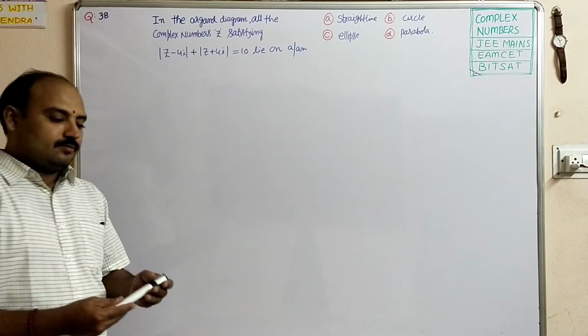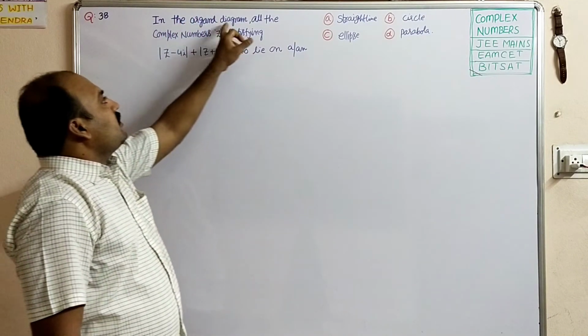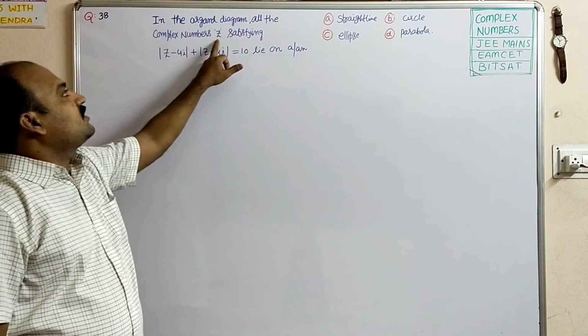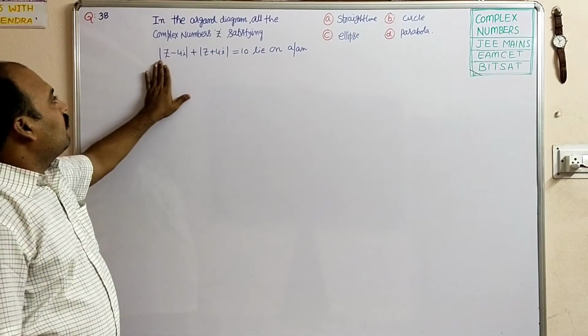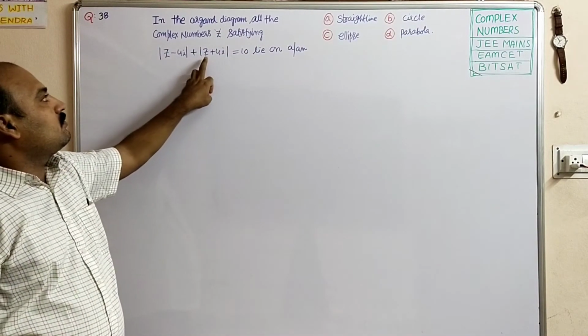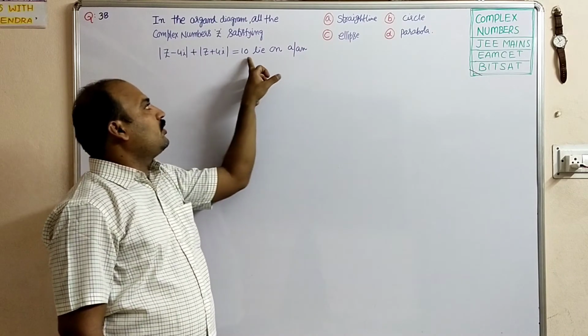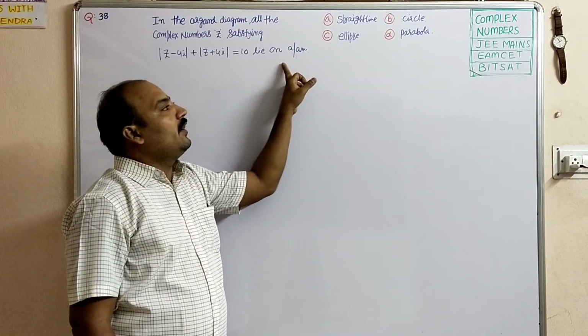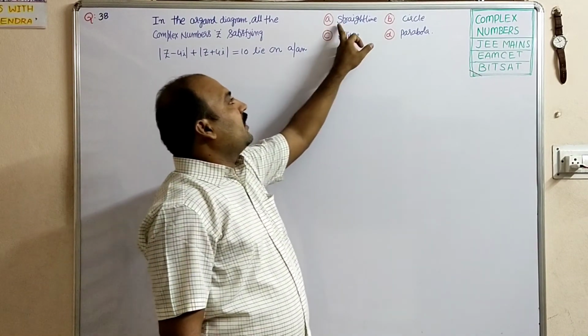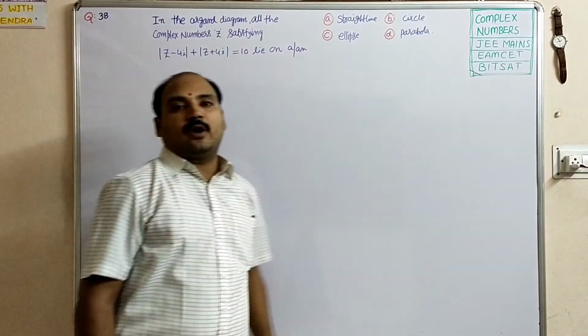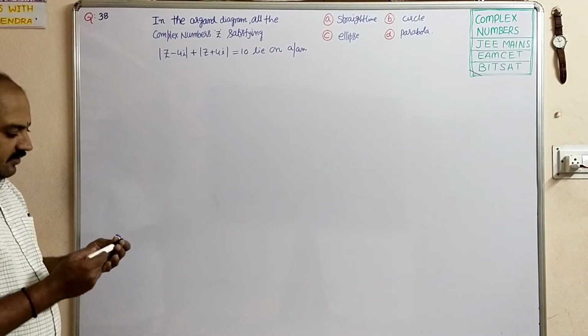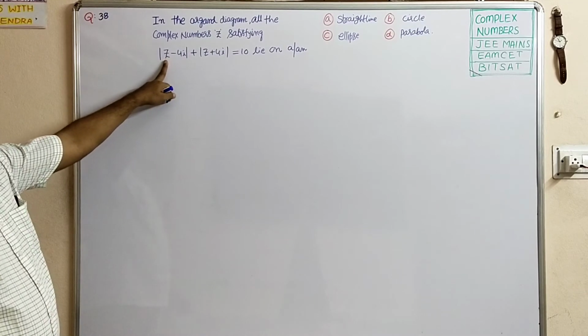The next question. In the Argand diagram, all the complex numbers z satisfying mod z minus 4i plus mod z plus 4i equal to 10 lie on a straight line, circle, ellipse or parabola. So first, given condition z is obviously x plus iy.